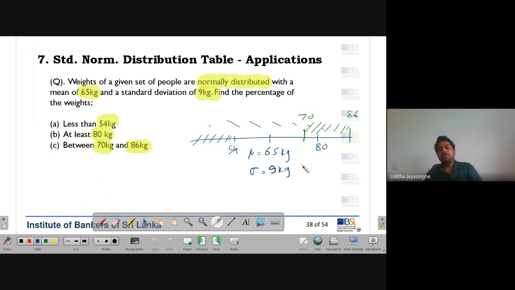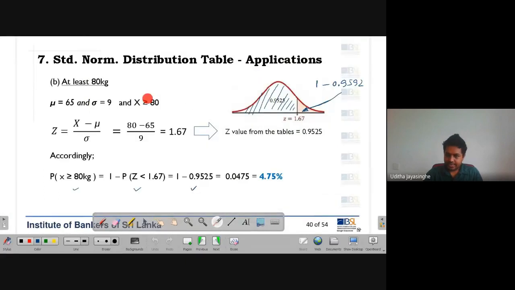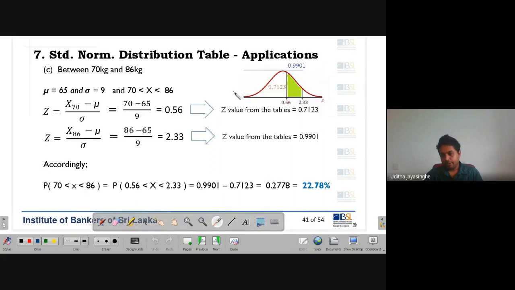So in the simple application, your table is always going to give you the area to the left of the curve, from the left to one particular end. If that is the case, you take one minus the value to calculate the other side, or if two values are given, you simply calculate the longer one first, the shorter one second. Long minus short is going to give you the in-between probability.